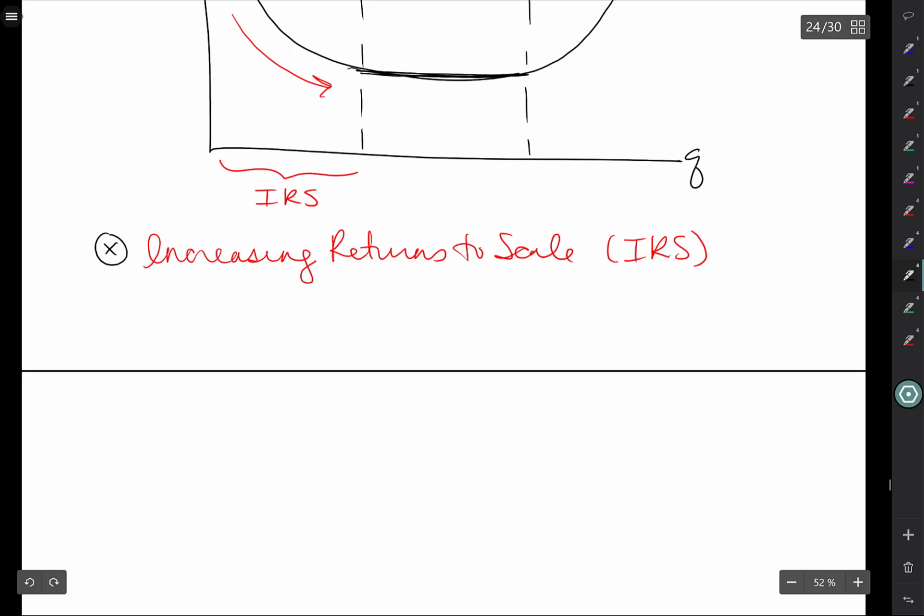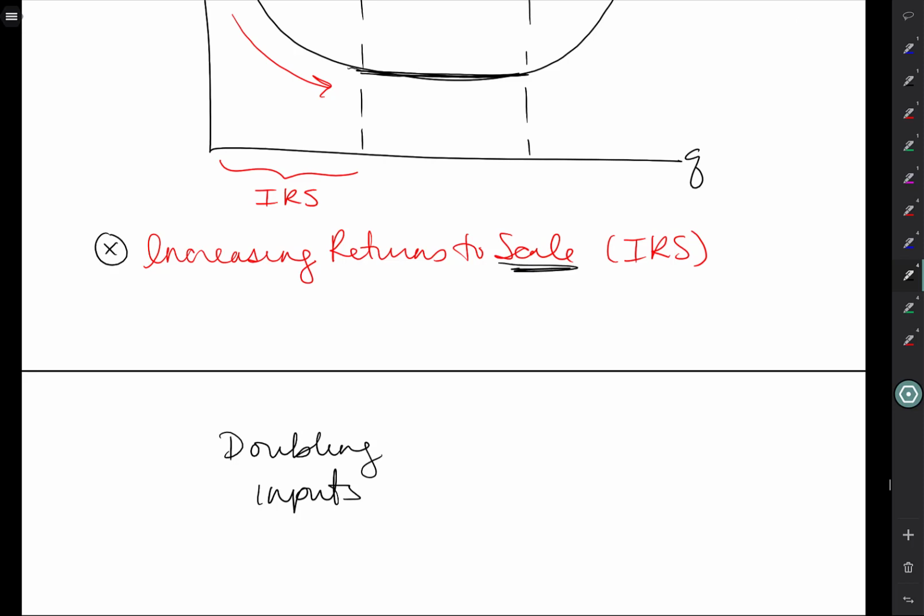So the returns from changing the size of the firm are increasing, meaning as you get bigger, let's say you double the inputs. So let's say doubling inputs, that's the scaling. That's the scale part. You doubled all your inputs, long run, all of them. That leads to a more than doubling of output.